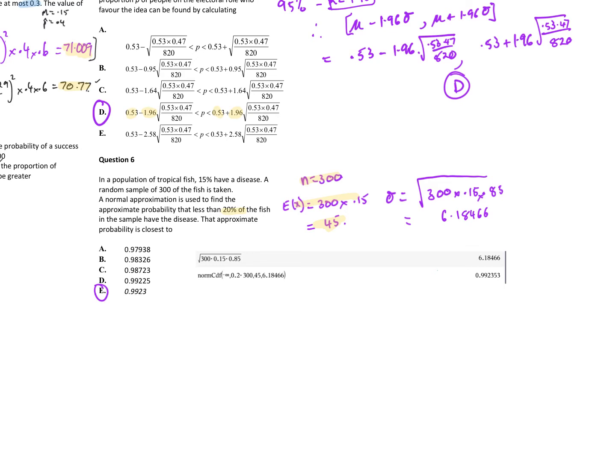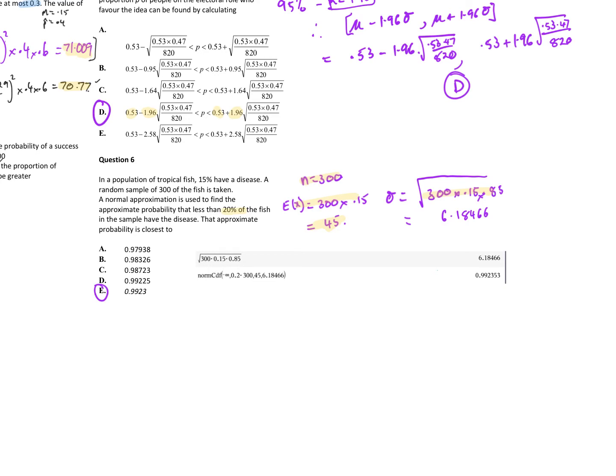Okay, so what have we got? I know that my distribution, E of X, is 45, my standard deviation, the square root of n times p times 1 minus p, so that's my binomial distribution, is 6.8466.